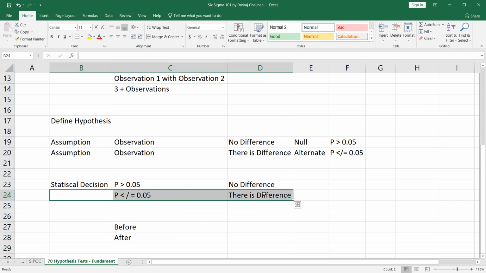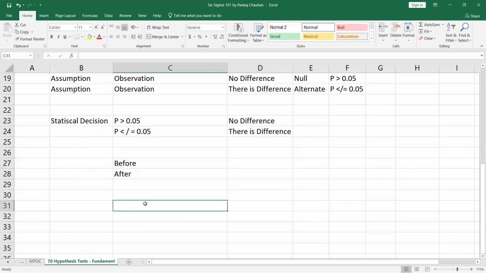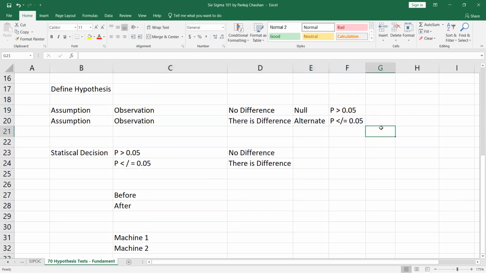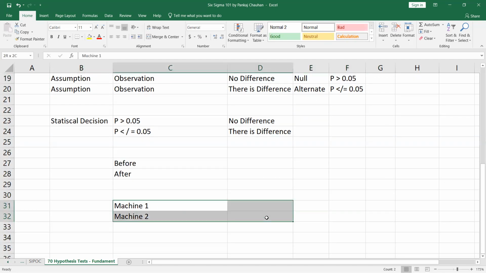Or maybe machine 1 versus machine 2, and you are looking at the performance of both machines, hoping there is no difference. If the p-value comes greater than 0.05, then you will say there is no difference.